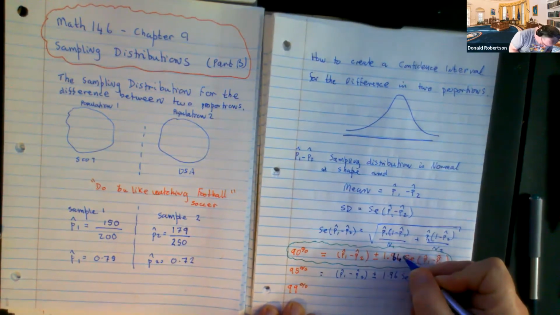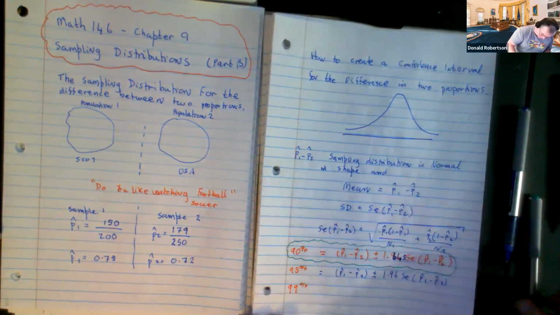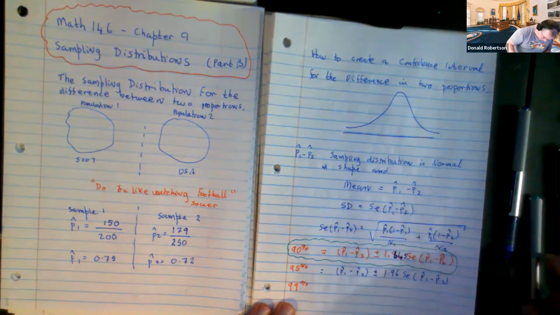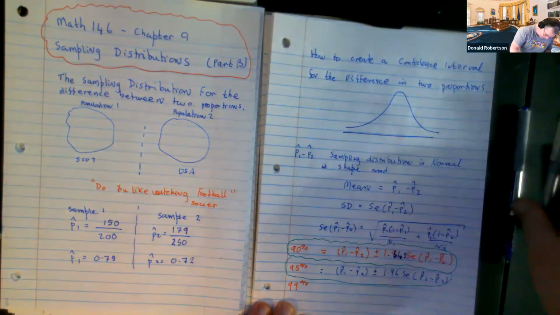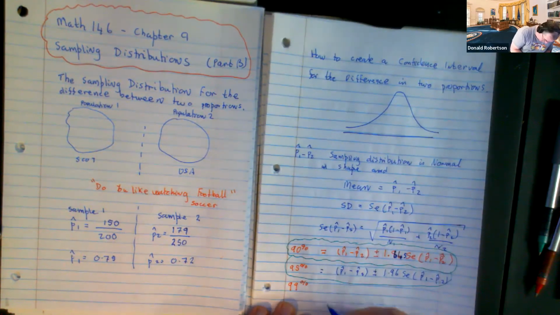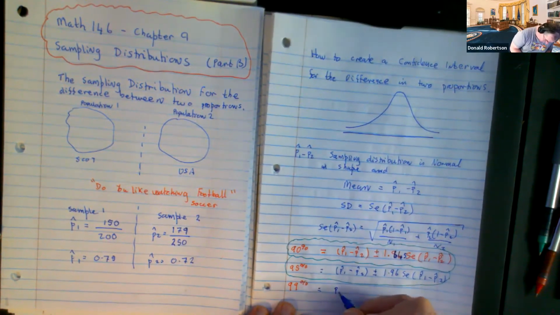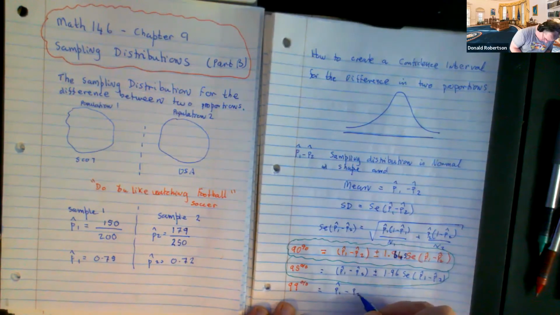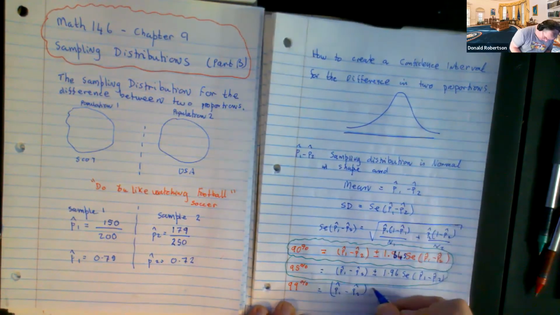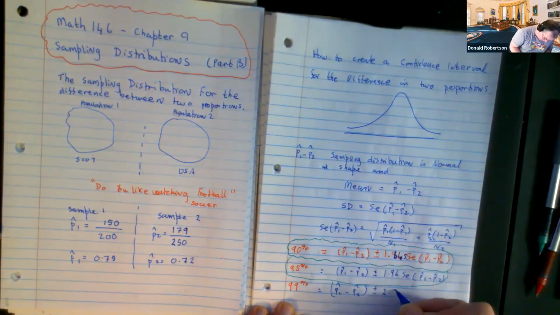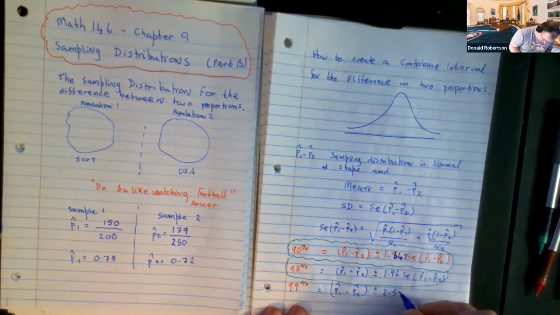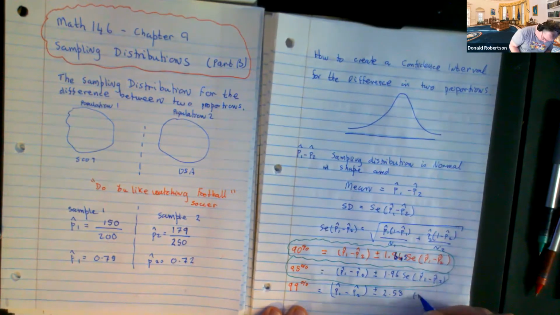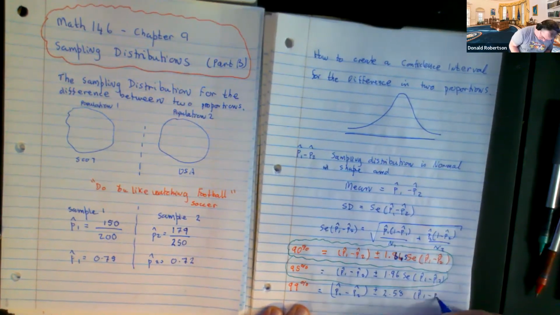Actually 1.645 if we're being really accurate about things. So I apologize for that. So a 90% uses 1.64, a 95 uses 1.96, and the last one in the list uses 2.58, or 2.585, depending on what textbook you want to use.